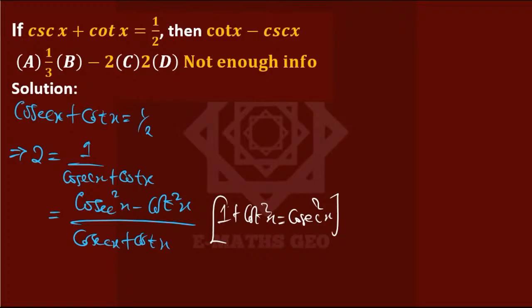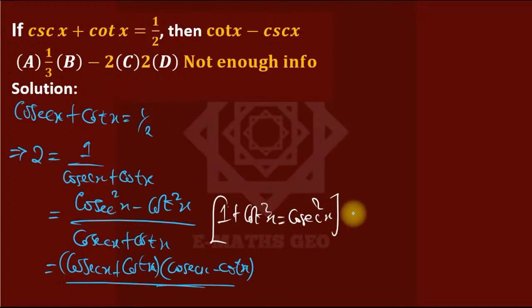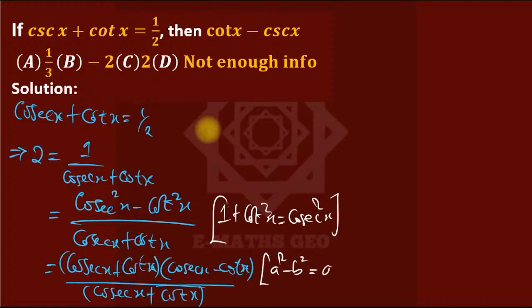So if we now make 1 the subject of formula, it is cosec squared minus cot squared. Looking at this, it is a difference of two squares, which is now cosec x plus cot x times cosec x minus cot x, over cosec x plus cot x. Yes, from a squared minus b squared is a plus b times a minus b, the difference of two squares. So we are still correct.